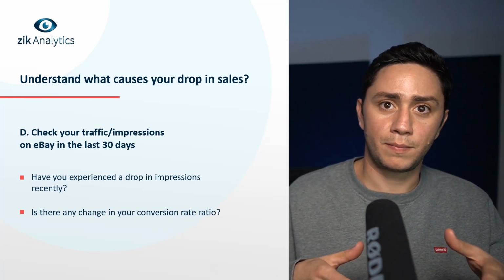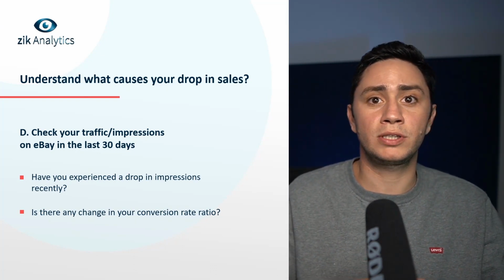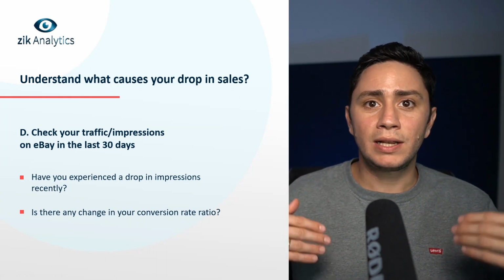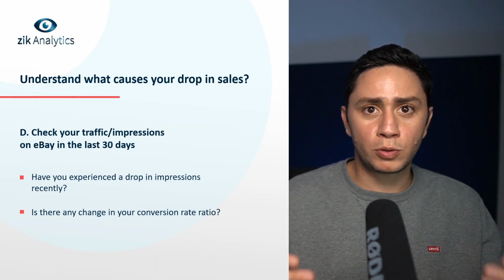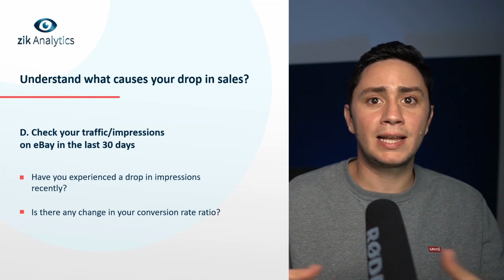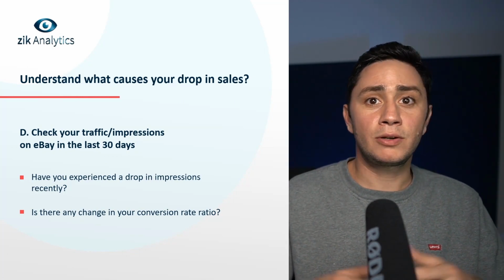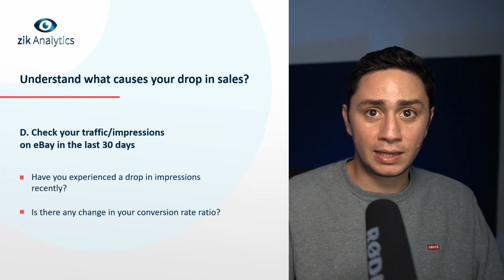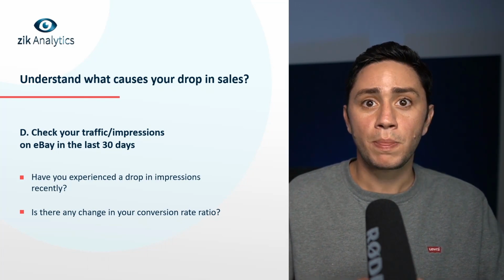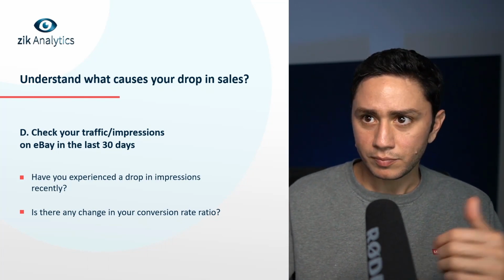So if eBay detects that you are using a wrong selling practice, it will drop your impressions, your product ranking, your listing rankings, and you will get less traffic. If you see this happen, there are ways to solve it. I will be discussing it in the coming part of this video, but it's important to understand it.